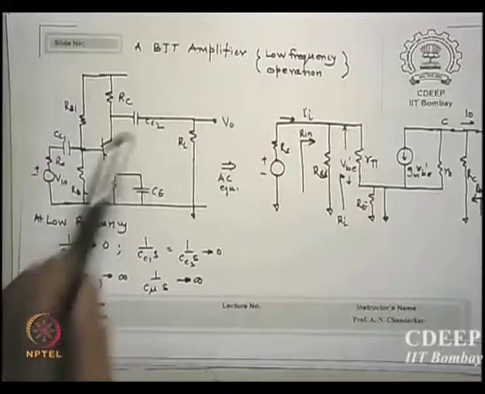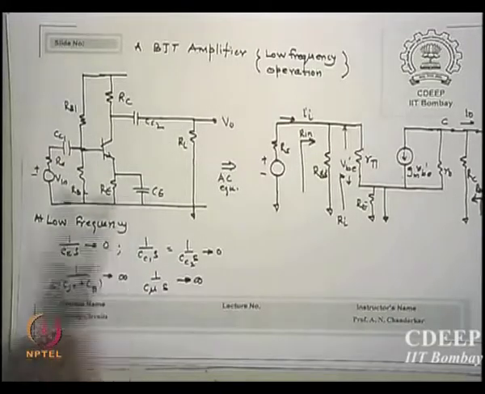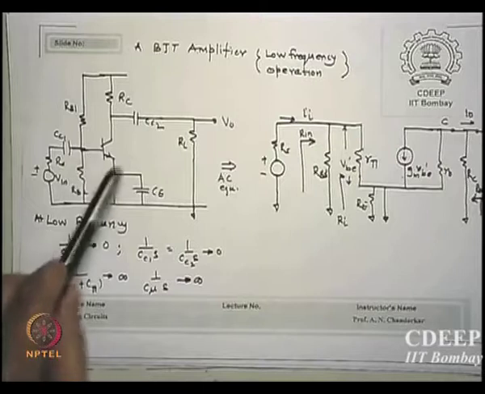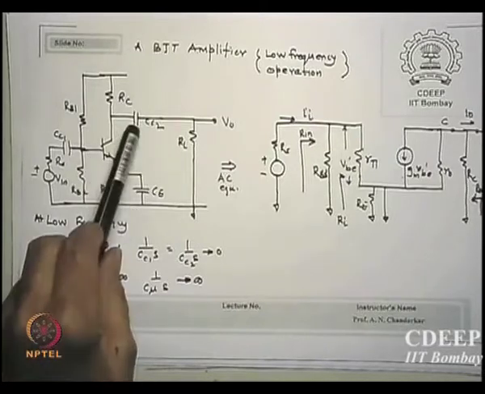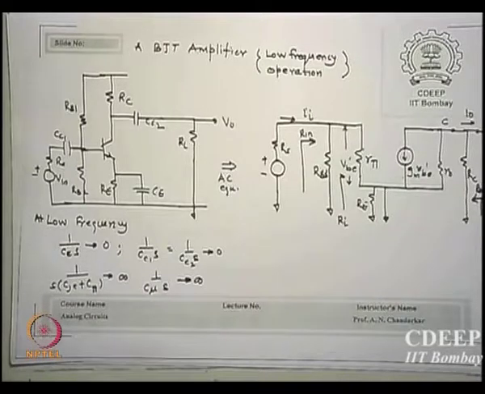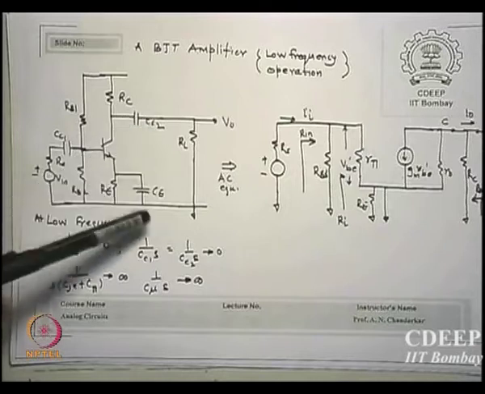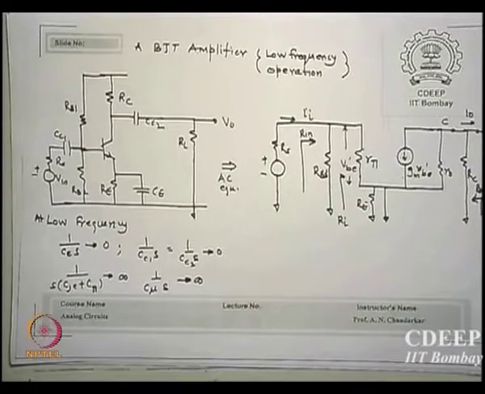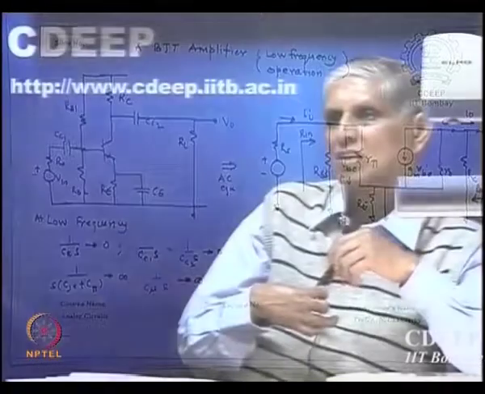Here also CC1, CC2, CE are so chosen that they act like a short circuit for AC, otherwise for DC they are all open circuited. I repeat, CC1, CC2 and CE are so chosen that they act like a short circuit for AC signals and open circuits for DC signals.